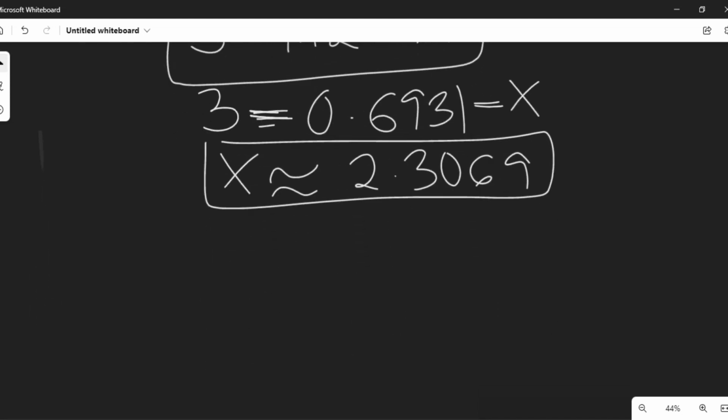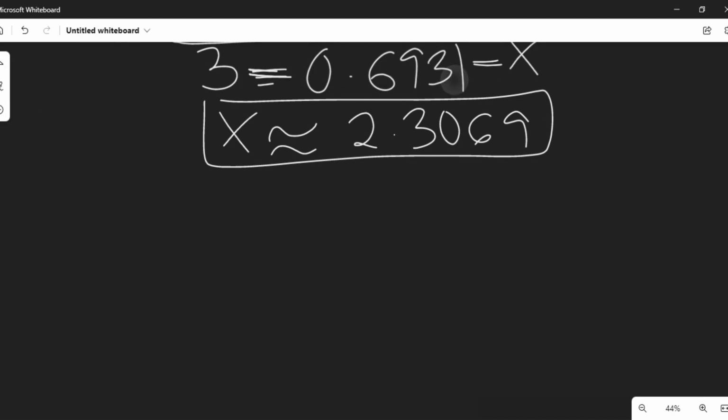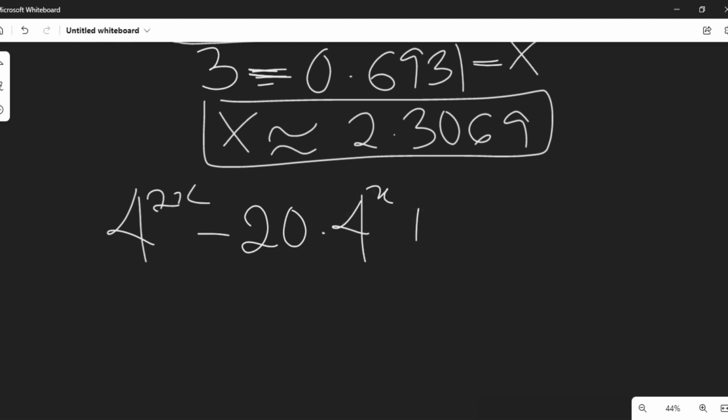Now what if you are given an exponential equation like this? How do you think we can solve this? 4 raised to power 2x minus 20 multiplied by 4 raised to power x plus 64 equal to 0.